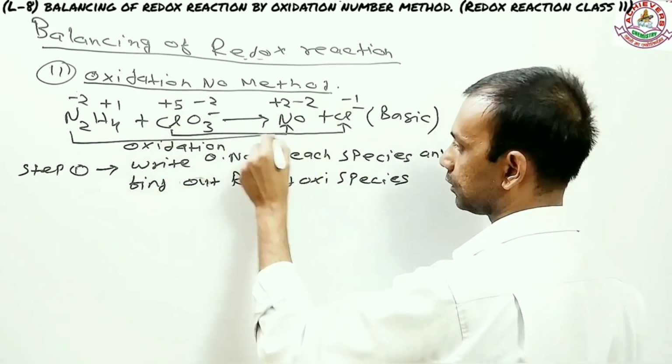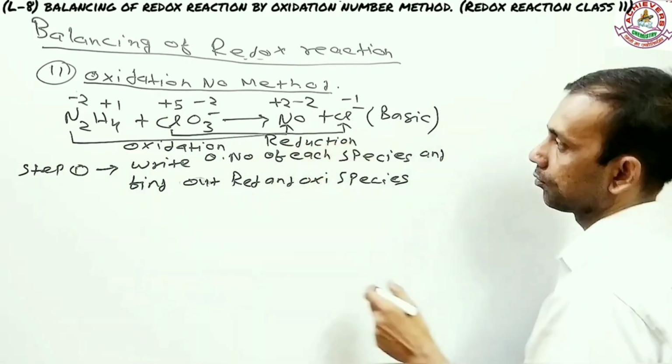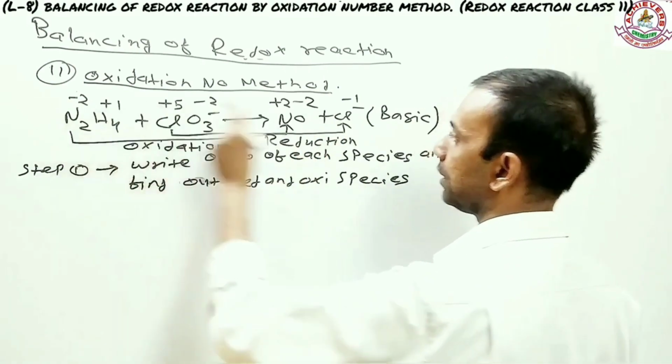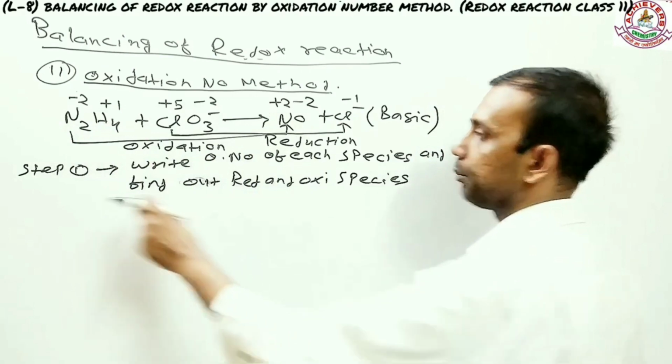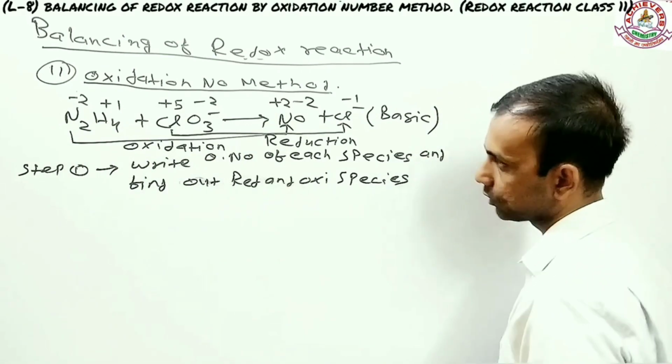So this is your reduction. So chlorine is undergoing reduction and nitrogen is undergoing oxidation. So we have done the first step. We have identified the oxidation and reduction species.